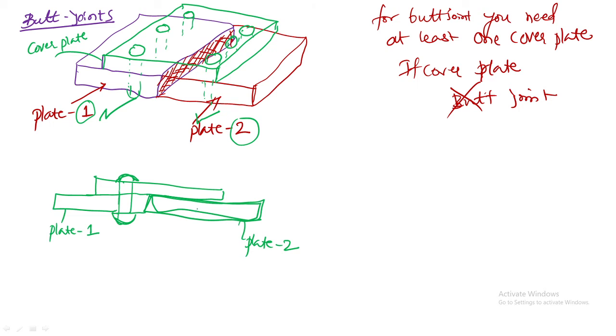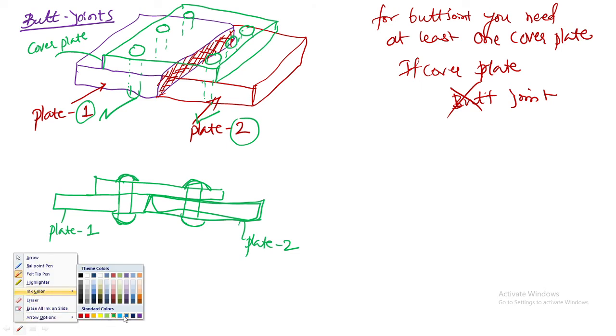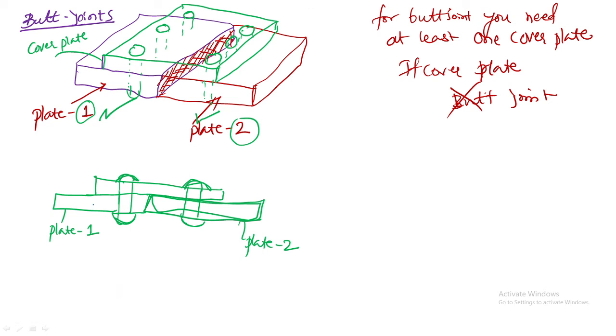To get a connection, you need to drill one more row on this side, as well as on plate 2. Then you can get the connection. That means the transmission of forces goes plate 1 to rivet, rivet to cover plate, to rivet, rivet to plate 2. In this way the connection will take place. Right, clear?